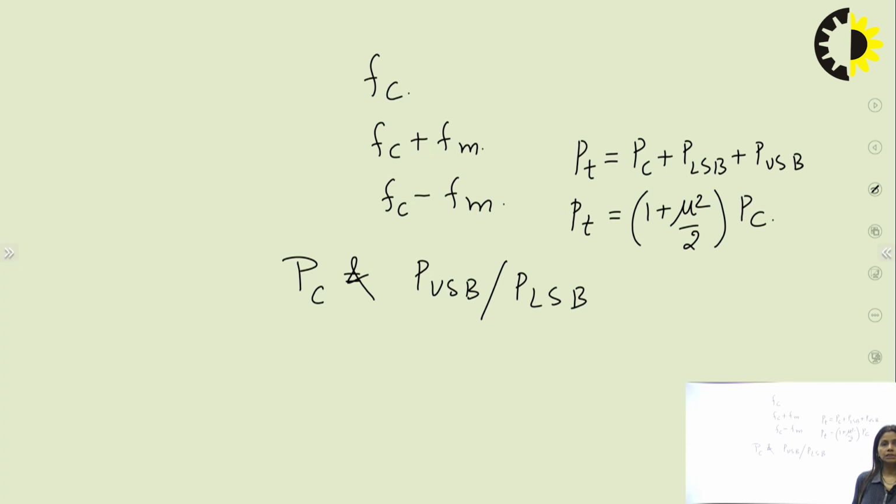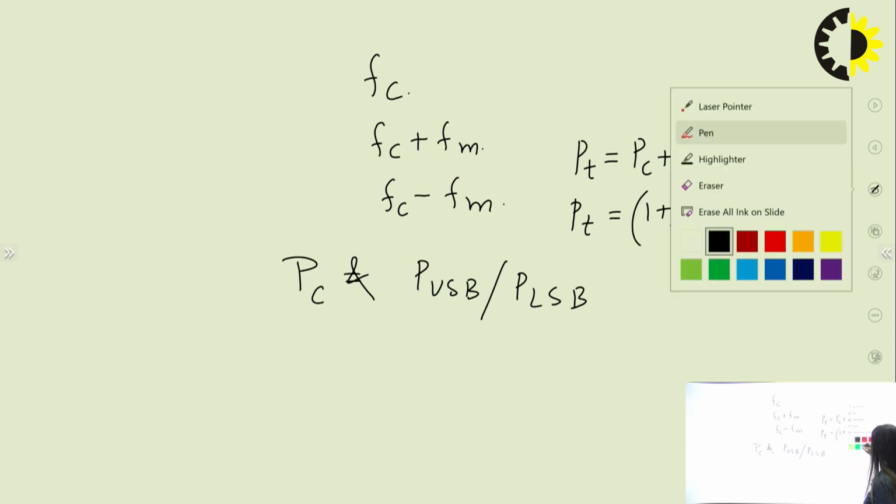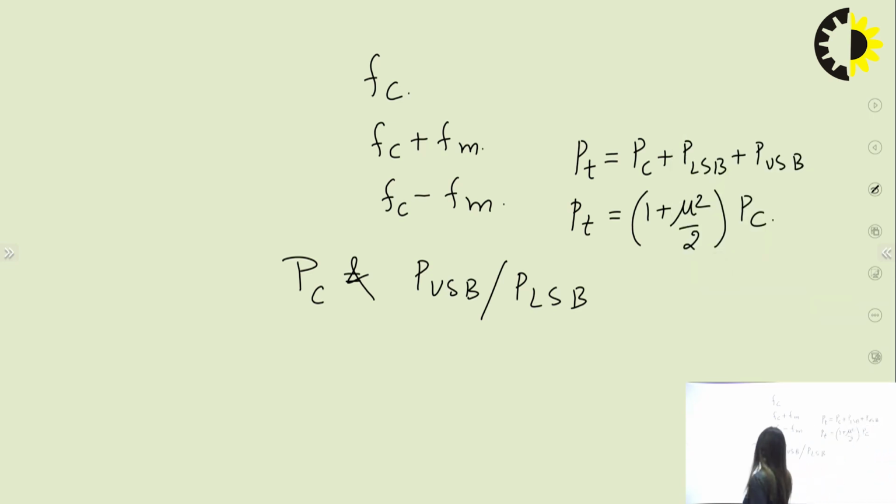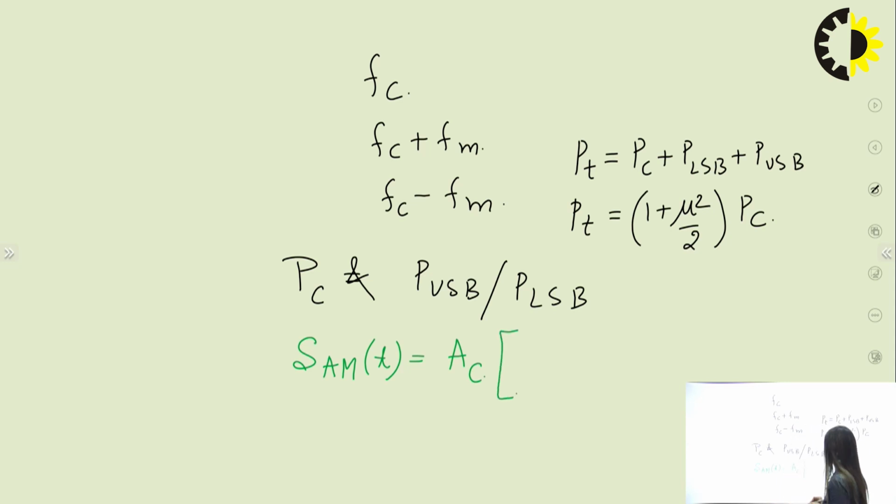I told you to learn the basic formula of the amplitude modulated wave, that is S of AM(t).